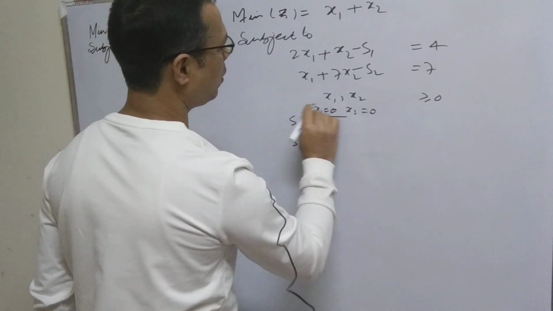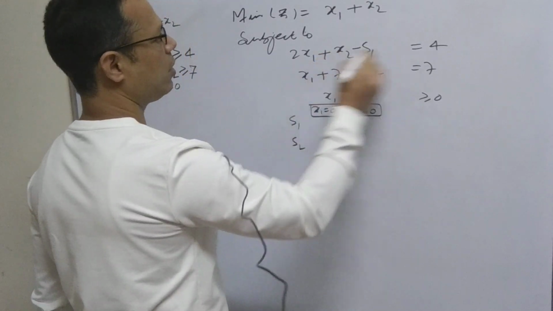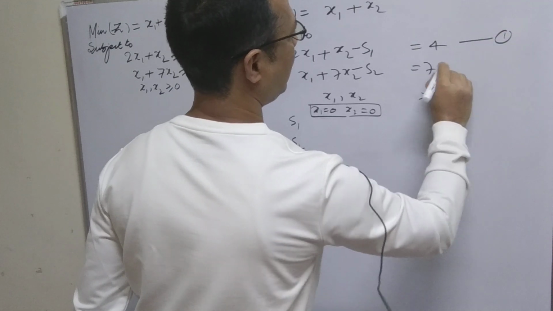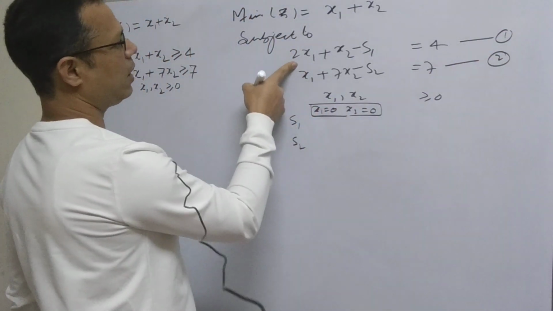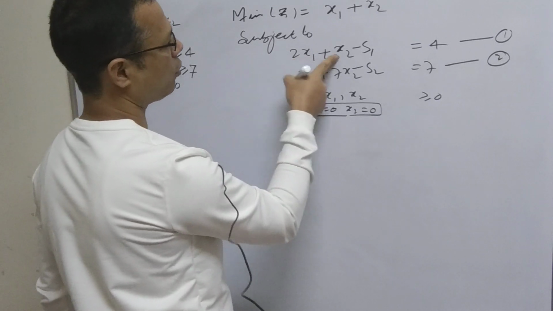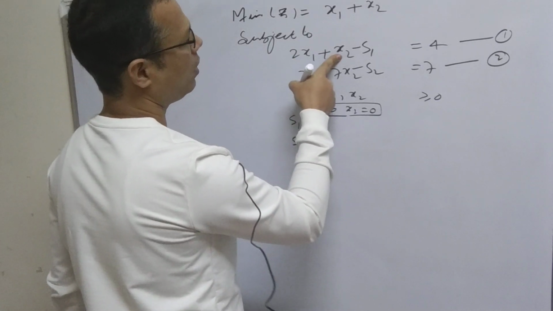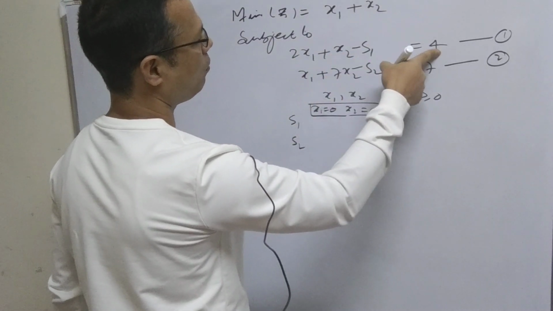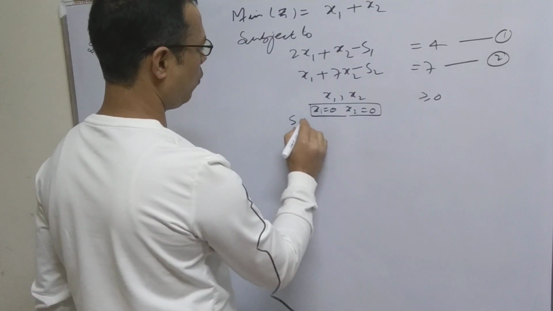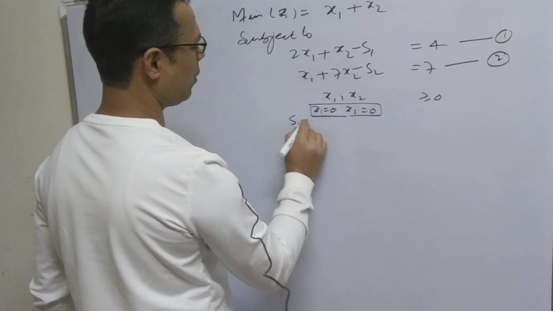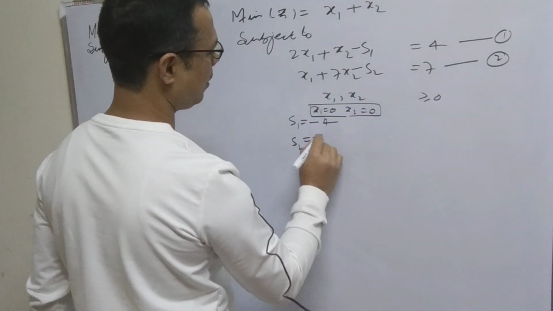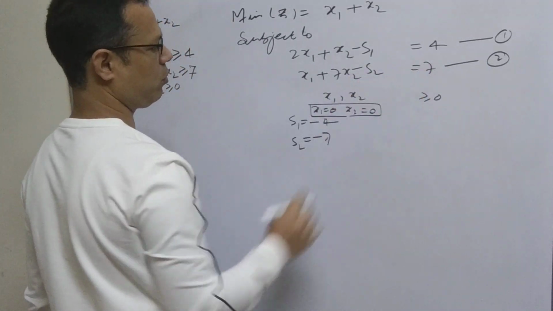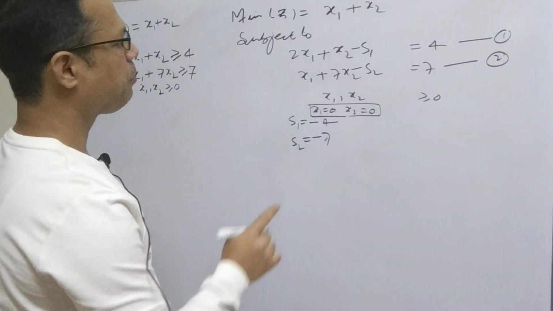If we put these values into equation 1 and equation 2, what will be the result for s1 and s2? If we put x1 as 0 and x2 as 0, then 0 plus 0, subtracted from 4, gives 4, and because this is negative, s1 is equal to minus 4, and s2 is simply minus 7. This term will be 0, so s2 will be minus 7.